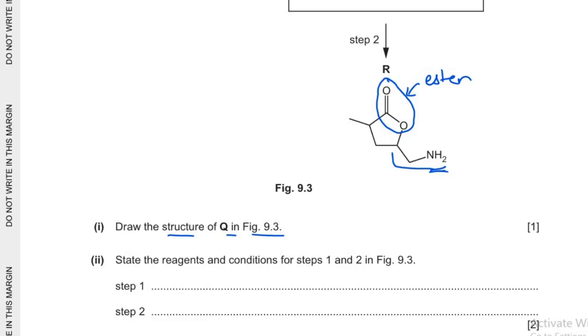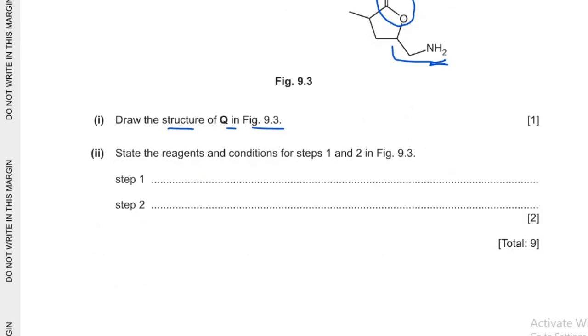And the B part, sorry, the second part is: state the reagents and conditions for steps 1 and 2 in figure 9.3. We have already seen that in step 1 hydrolysis occurs, and hydrolysis is done with the help of any dilute acid. We can write dilute H2SO4 or even dilute HCl will do. But only adding acid will not do, we'll have to heat and reflux also.